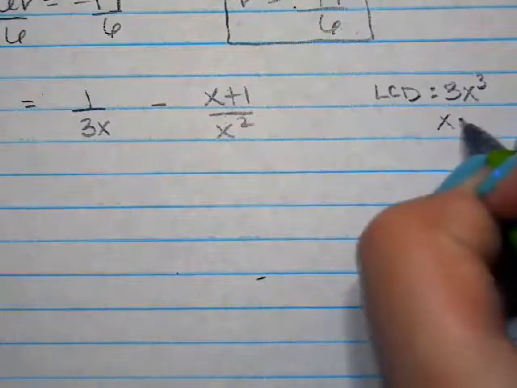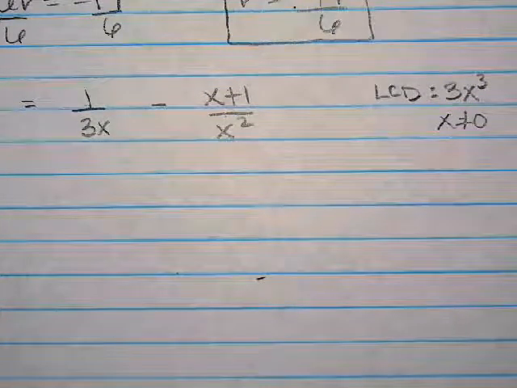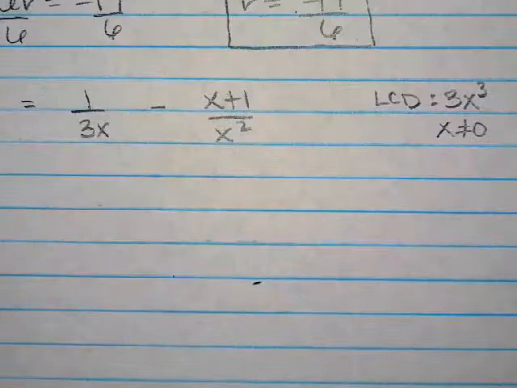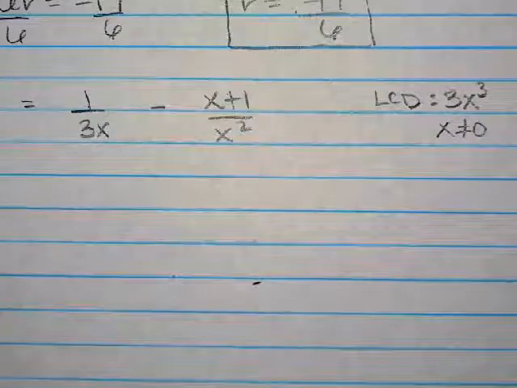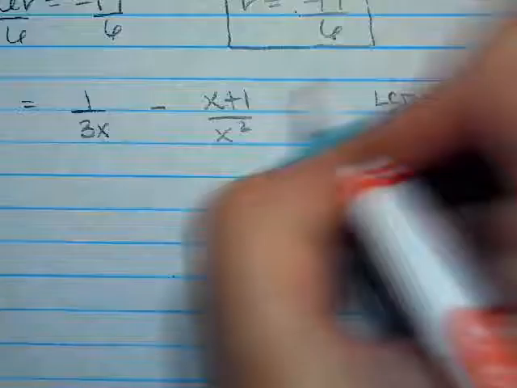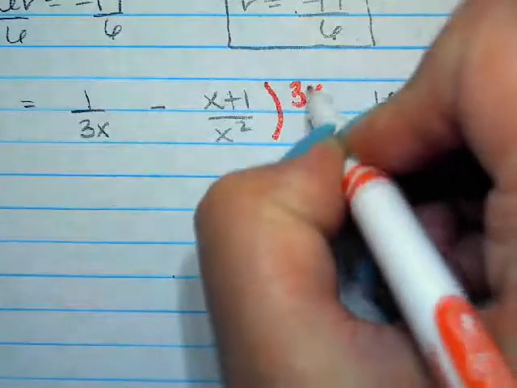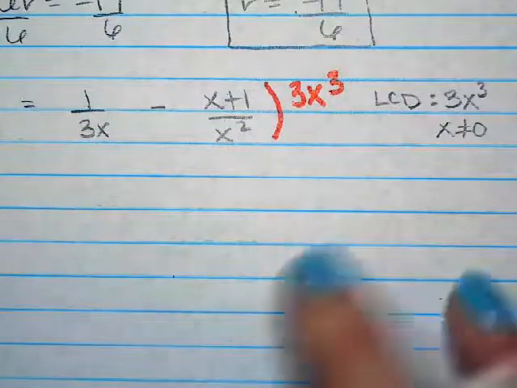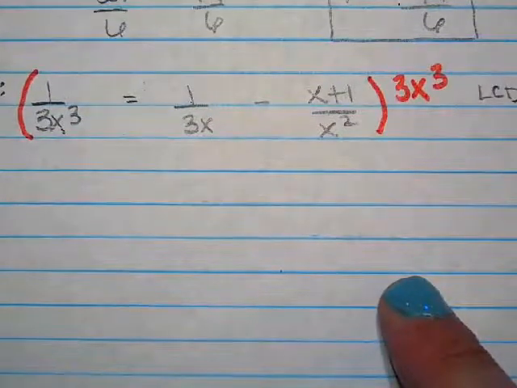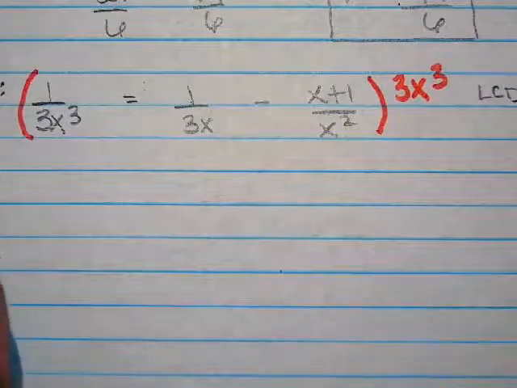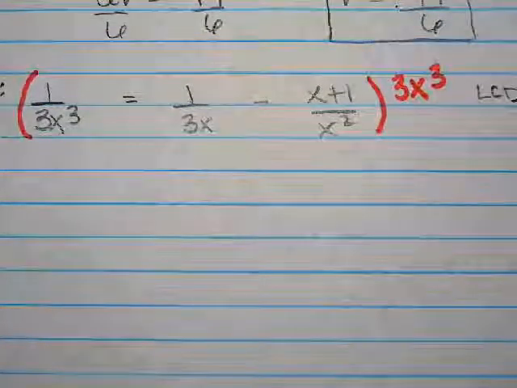So when we get done with the problem, we're just going to make sure that is not our final answer. Okay. I'm going to take the entire equation and I'm going to multiply it by what? 3x cubed. So I'm putting parentheses around the whole thing, multiplying it by 3x cubed. Okay. So now I'm going to write out every single term in the equation. I'm going to multiply it by 3x cubed, multiply by 3x cubed, multiply it by 3x cubed.